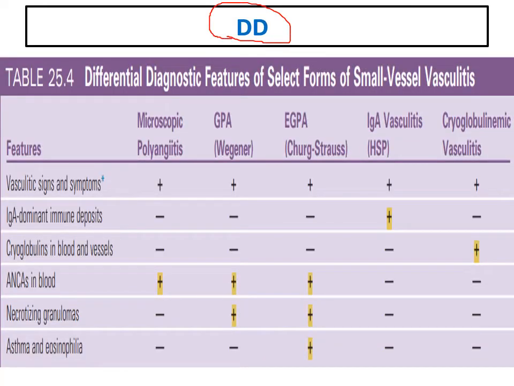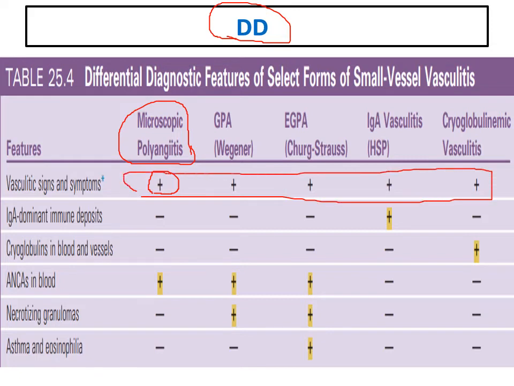Let's discuss the differential diagnosis. Microscopic polyangiitis. Usually there is, as we said, all of them have vasculitis, but in microscopic polyangiitis there is usually ANCA in the blood.